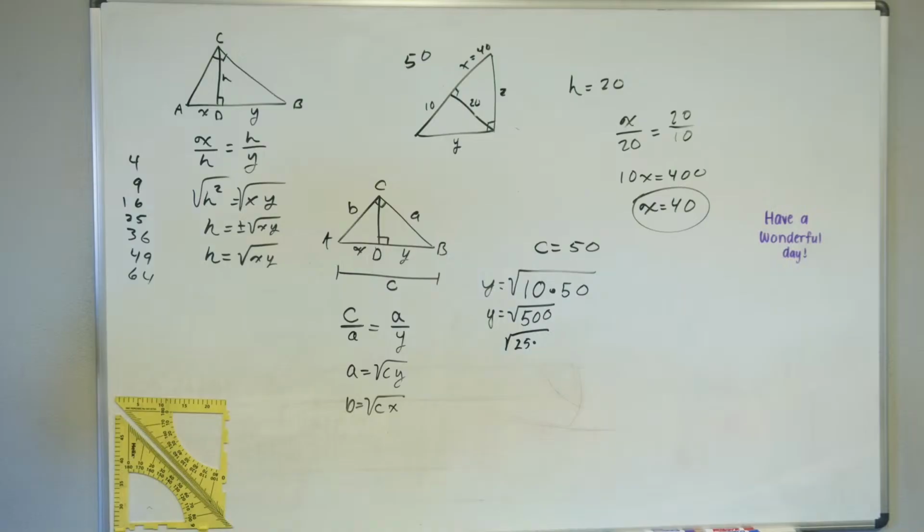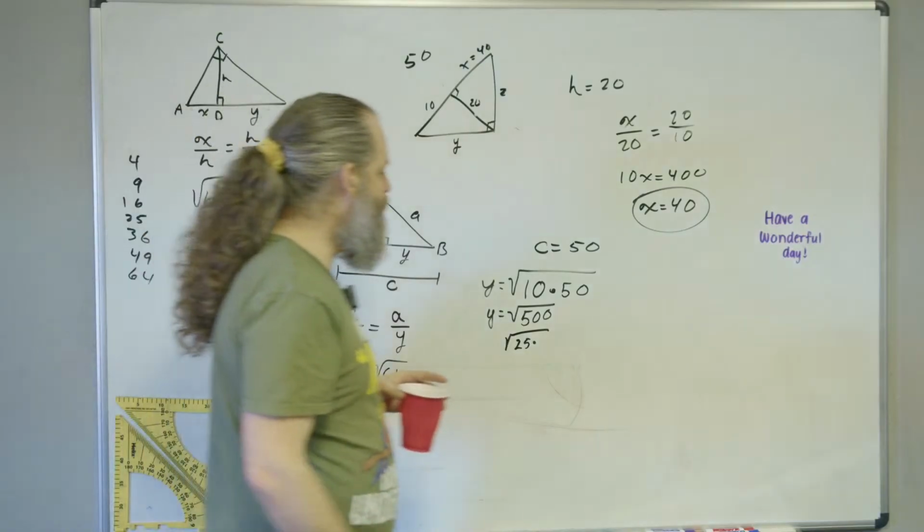So do 500 divided by 25. Or you could think in money and you got this. Because 4 quarters make $1, we got $5.